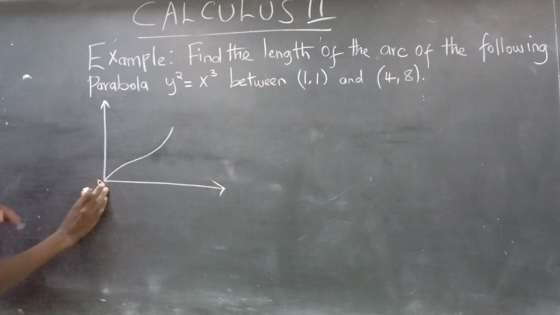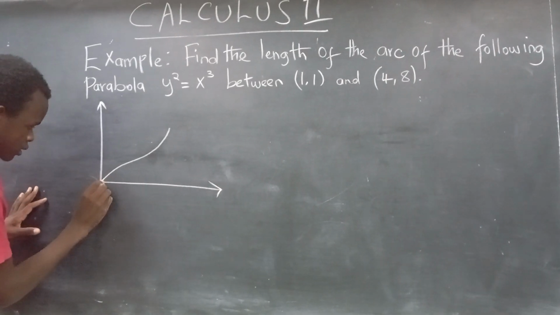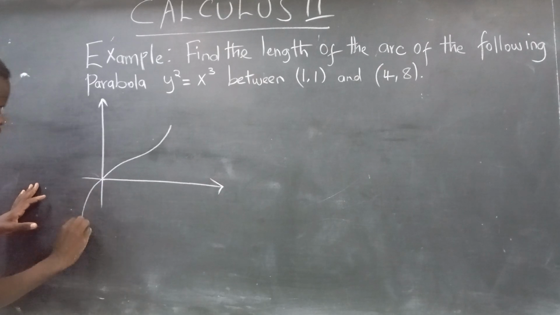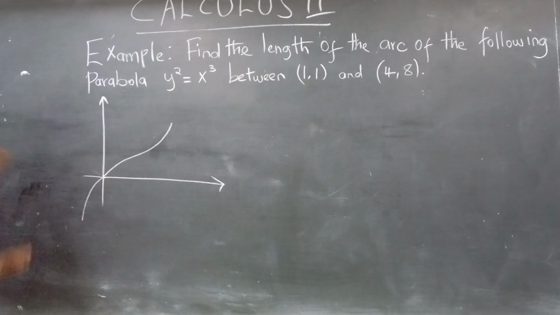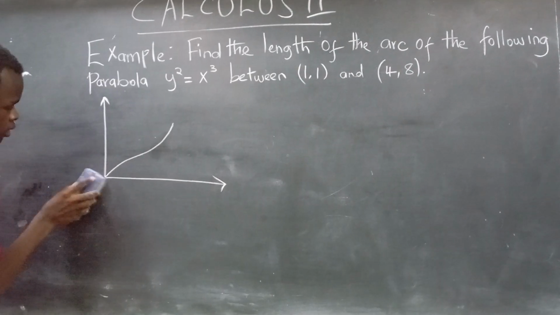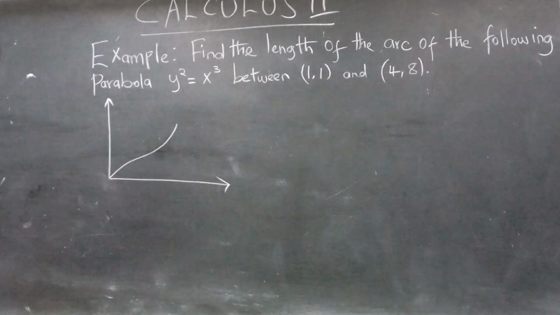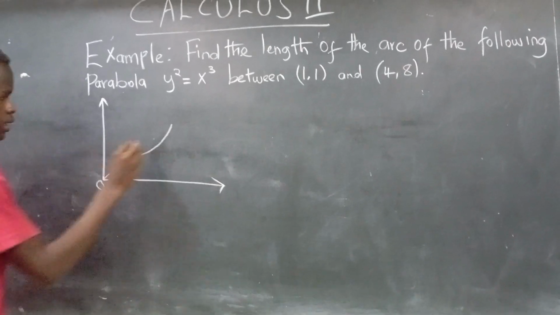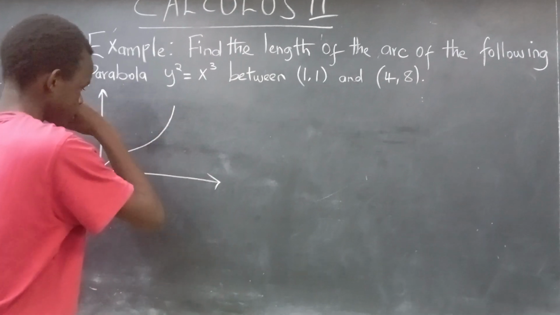Let me draw it fully. So this is what we have, the curve is this way. But for now, we're going to be looking at the negative side. So I'll just draw from here, and that's how the curve looks.